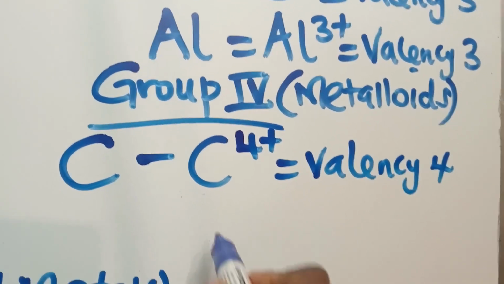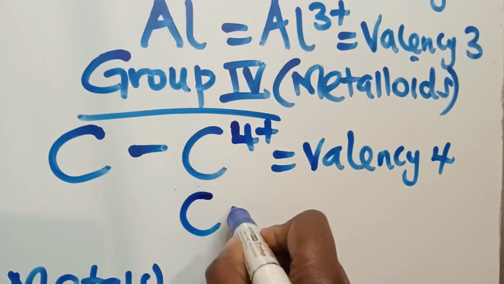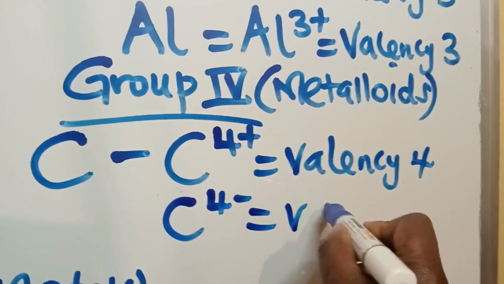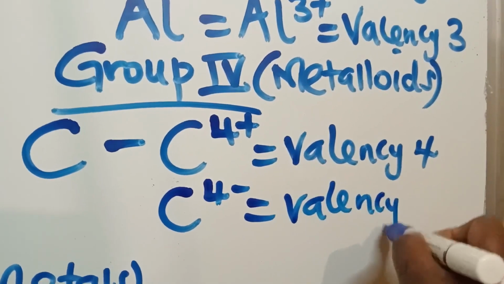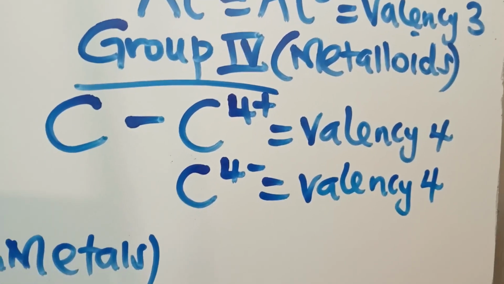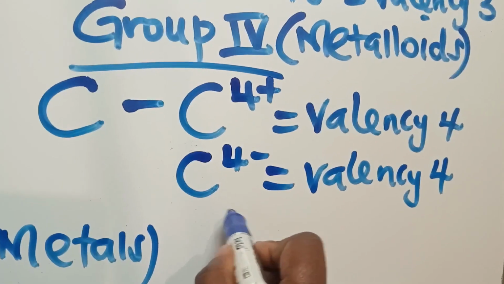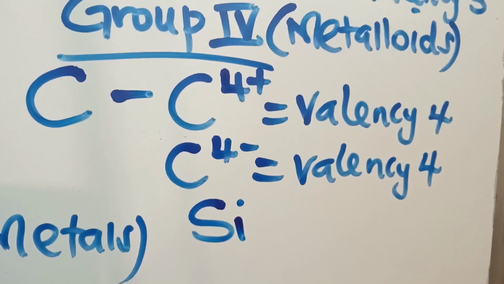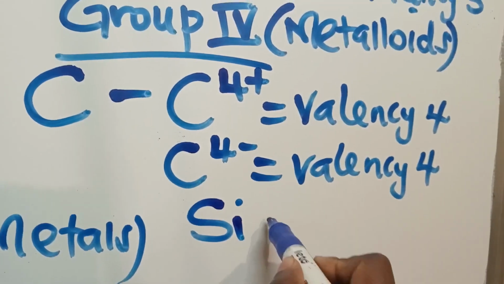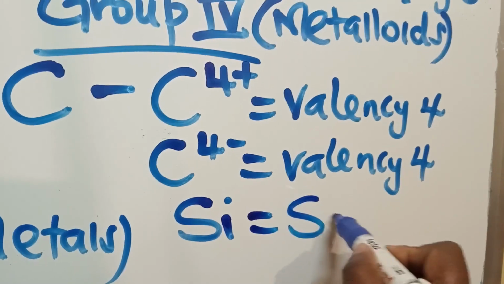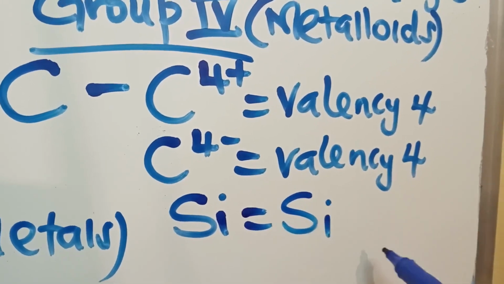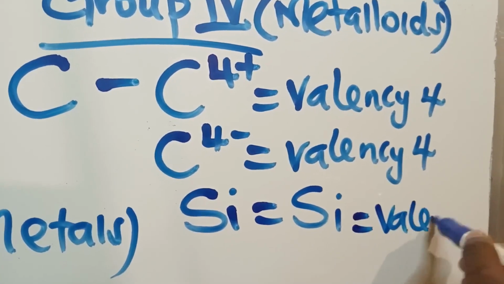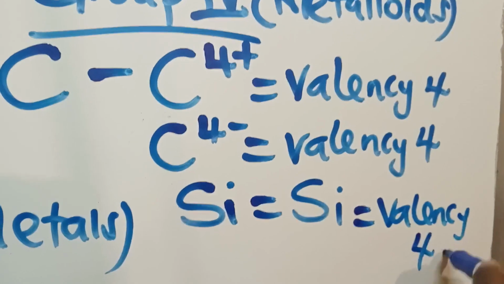When they behave like nonmetals, they will gain 4 electrons, so 4 negative, but still with the valency 4. Then we have silicon, which is also among the first 20 elements and in group 4. Again, silicon can gain 4 or lose 4. So again with the valency 4.